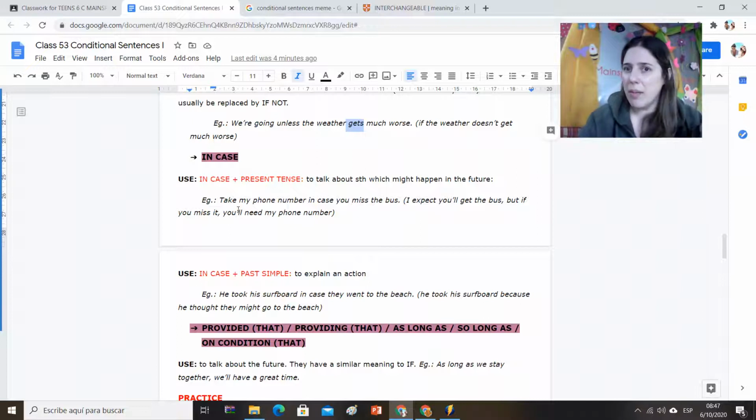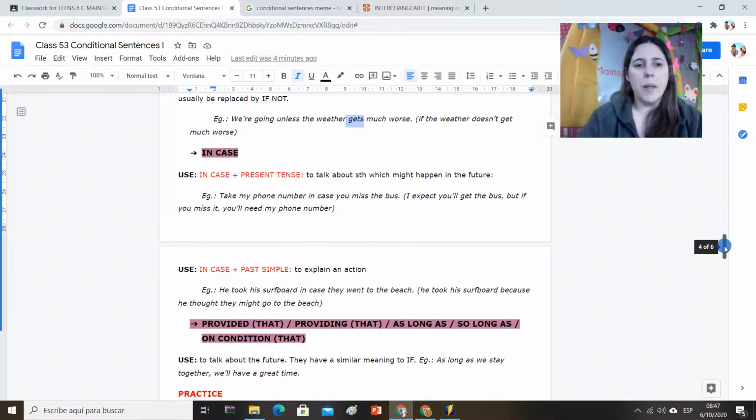Okay, en caso de. And if it is followed by a past tense, you're explaining a situation. He took his surfboard in case they went to the beach. Okay, he took his surfboard because he thought they might go to the beach. You're explaining a situation. Okay, so in case is quite simple.